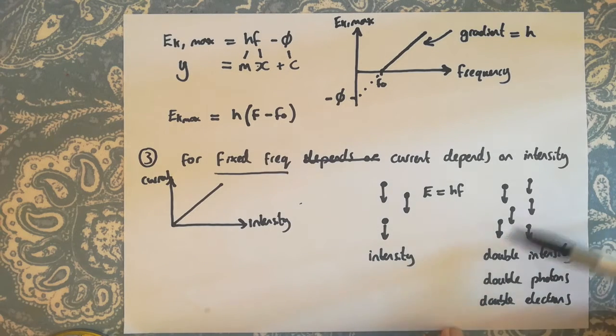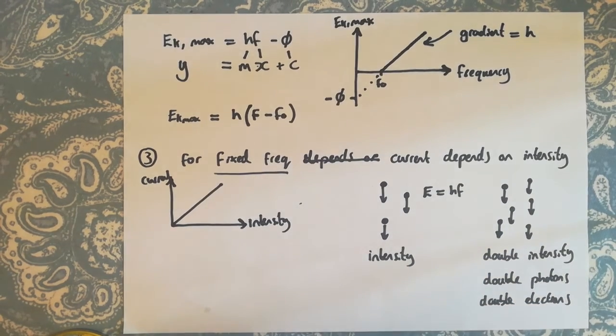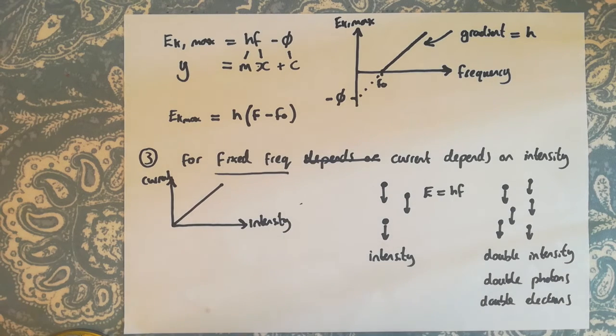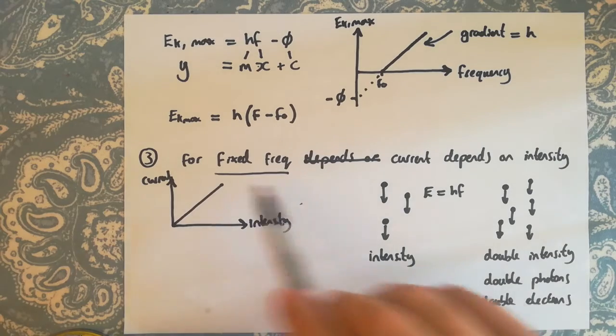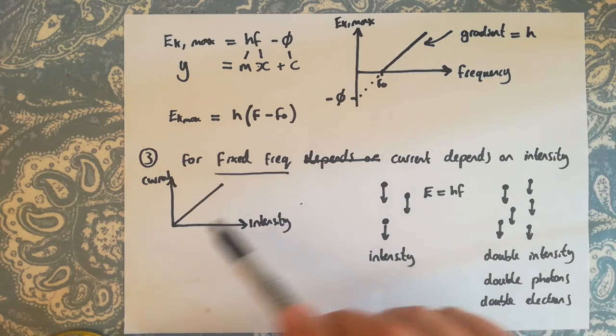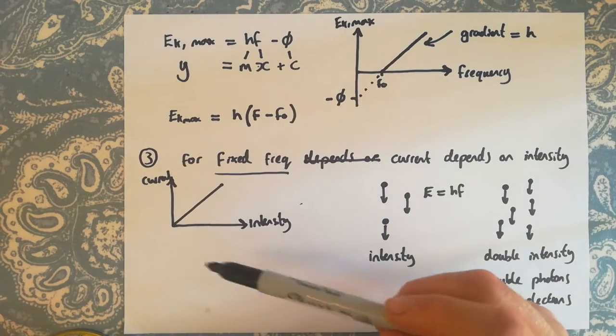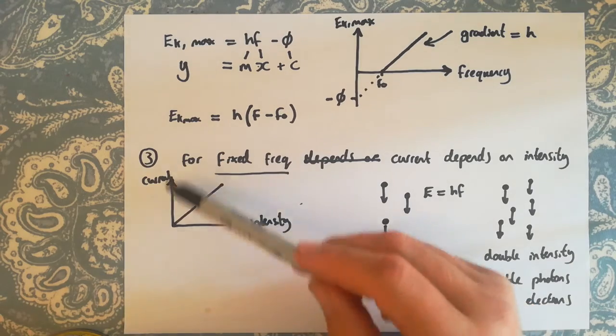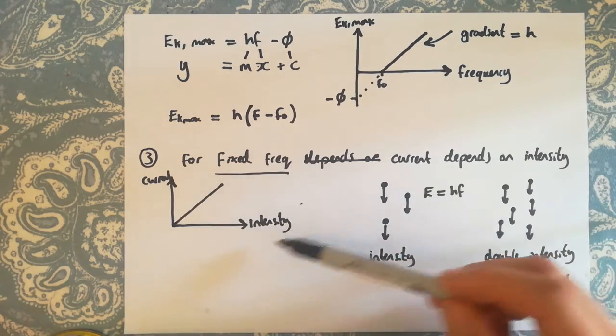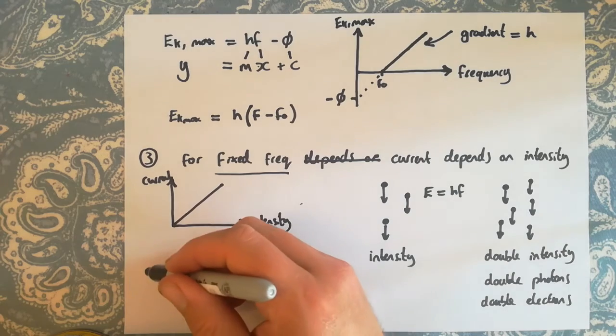Remember, we're above the threshold frequency here. Each one of these photons is going to be absorbed by an electron, and we're going to get that electron emitted. So again, the photon model explains the directly proportional relationship between the electron current and the intensity of the light.